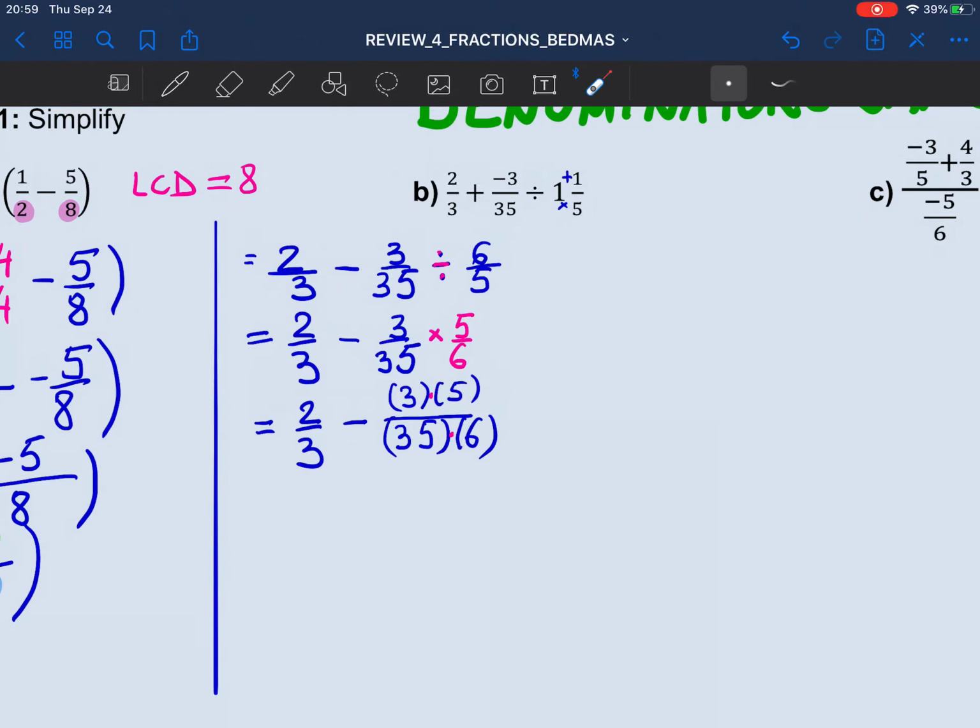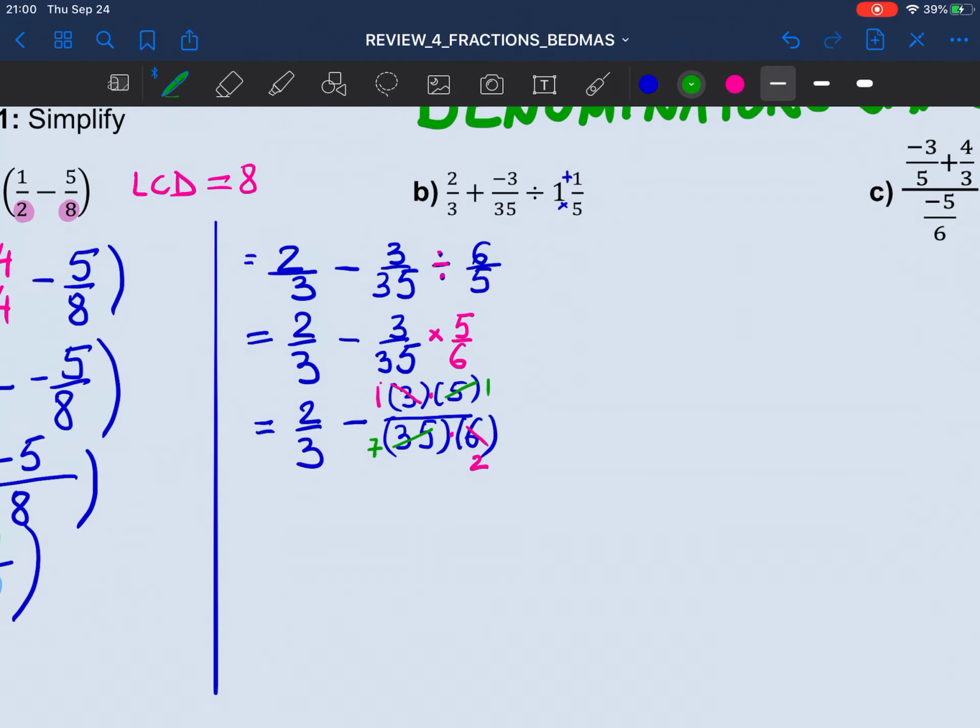Factors simplify each other. So number 3 will simplify number 6. 3 divided by 3 is 1. 6 divided by 3 will be 2. On the other hand, number 5 will simplify 35. 5 divided by 5 is 1. 35 divided by 5 is 7.